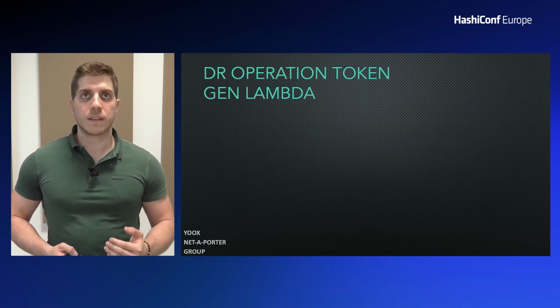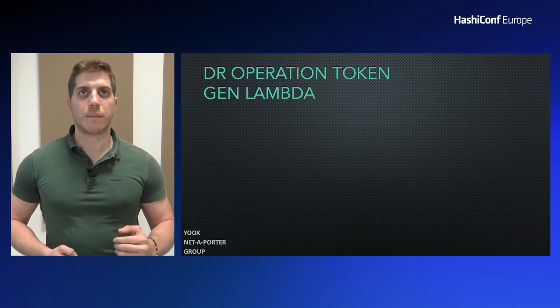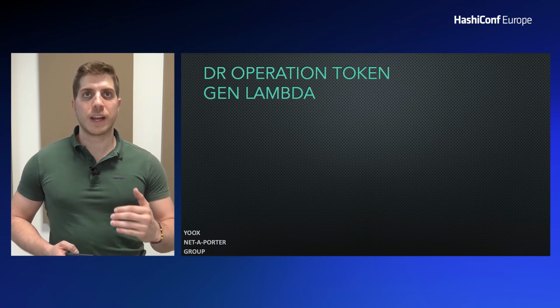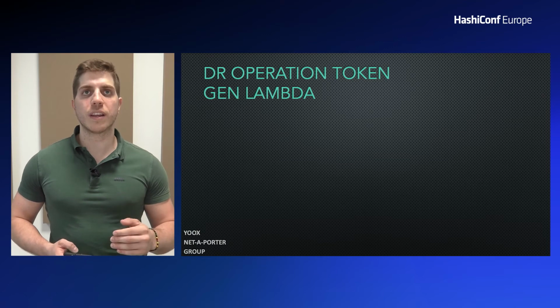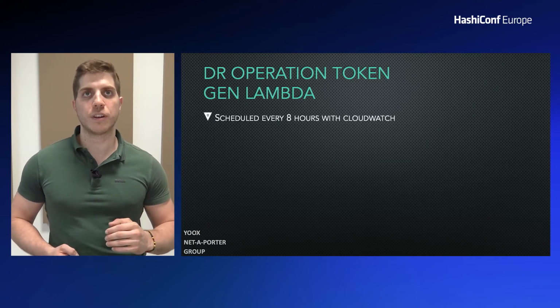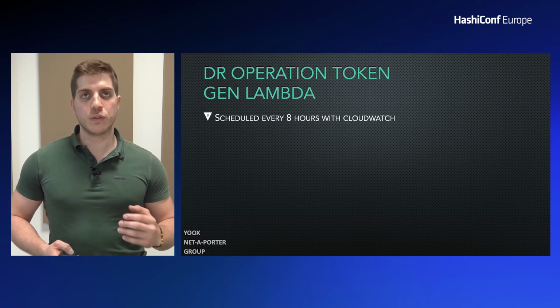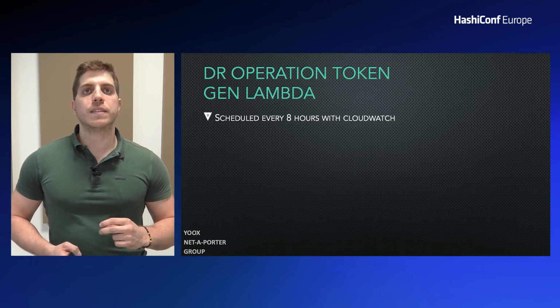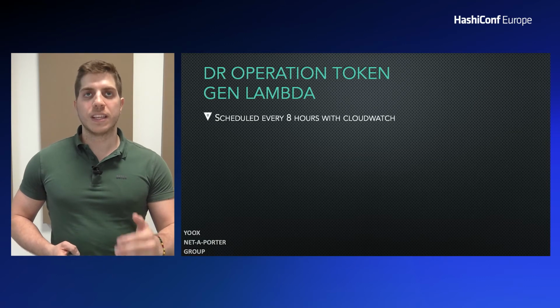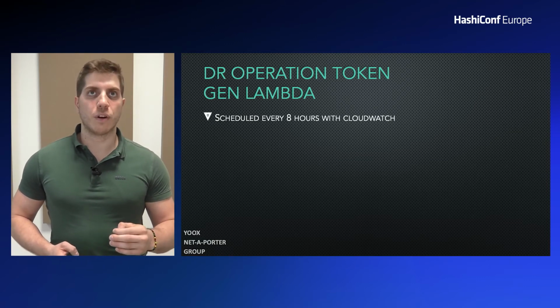Now we can inspect the DR operation token gen Lambda. This Lambda is in charge of generating the DR operation token and uploading it to Secrets Manager. First of all, it is scheduled every 8 hours using CloudWatch events, as the DR operation token itself will have 8 hours of TTL.